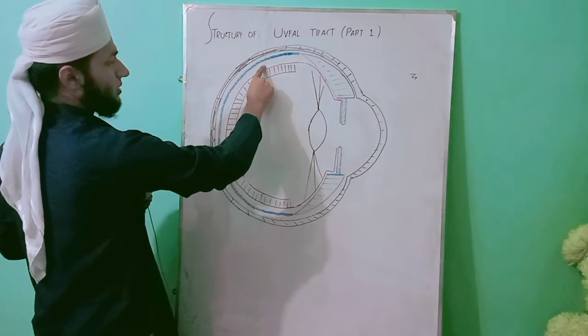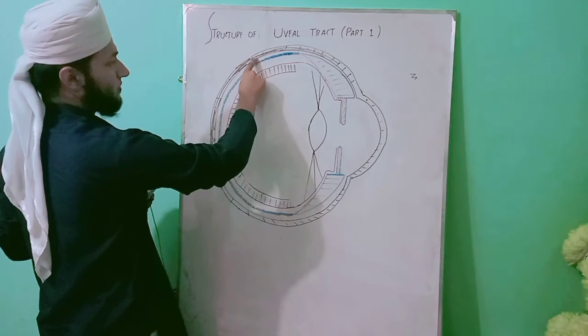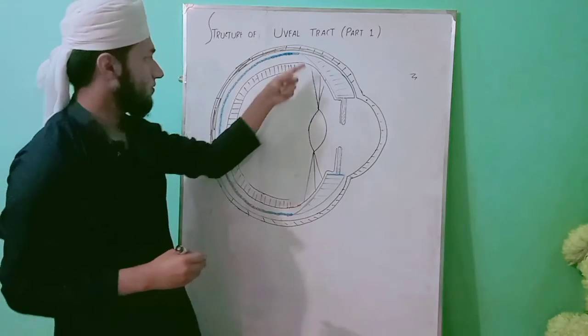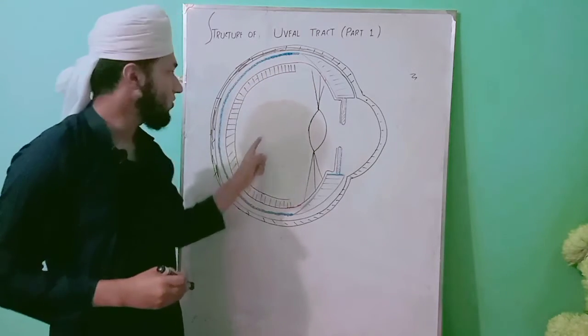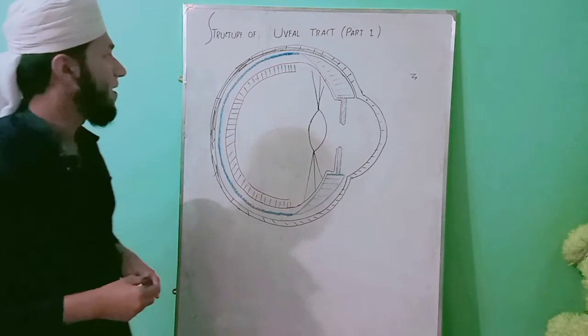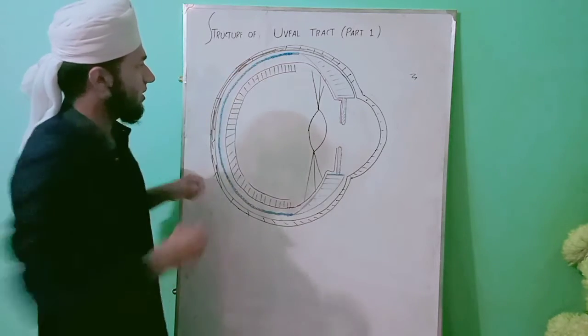So choroid is basically present between the outer sclera and the inner retina.